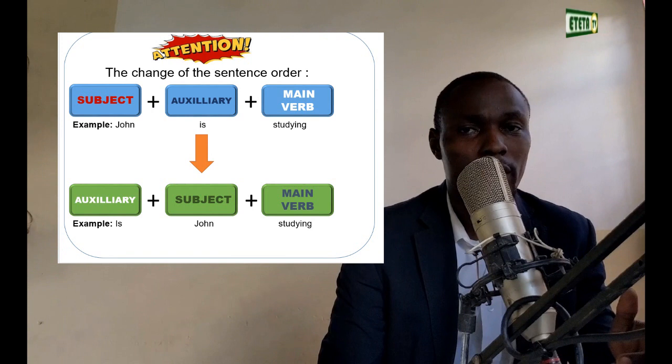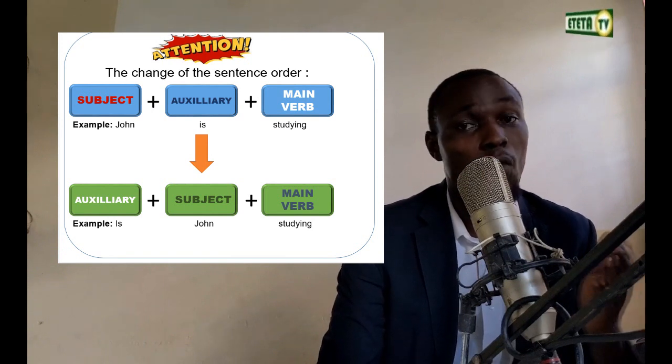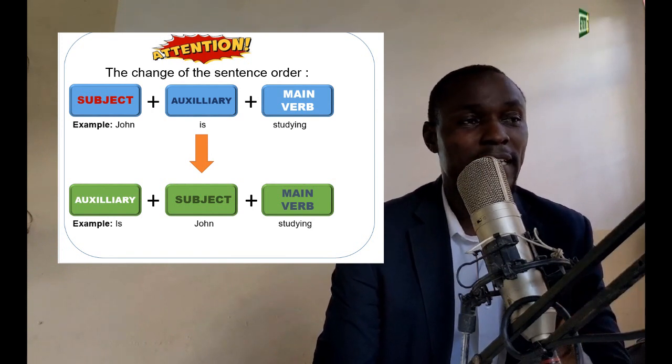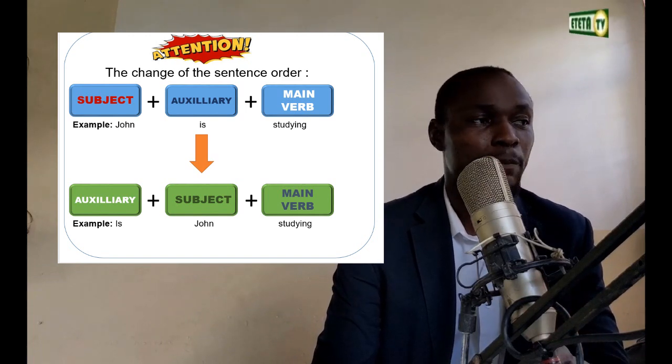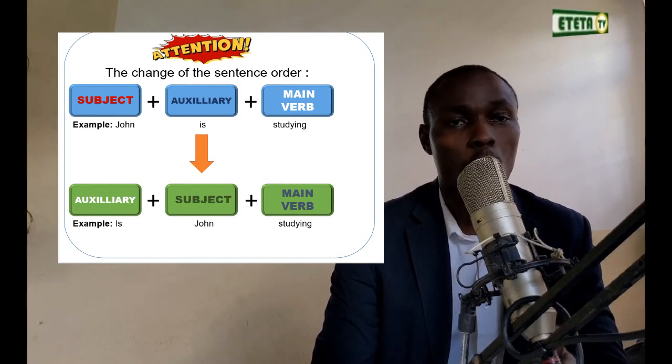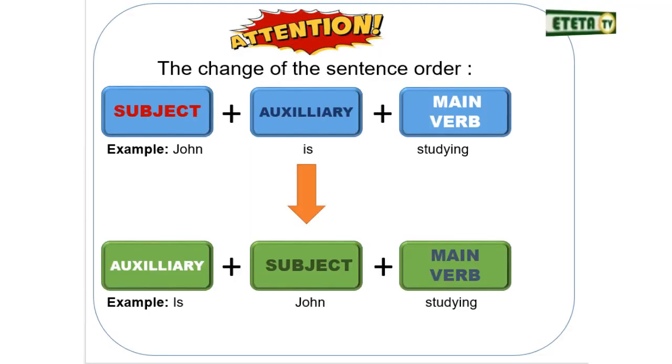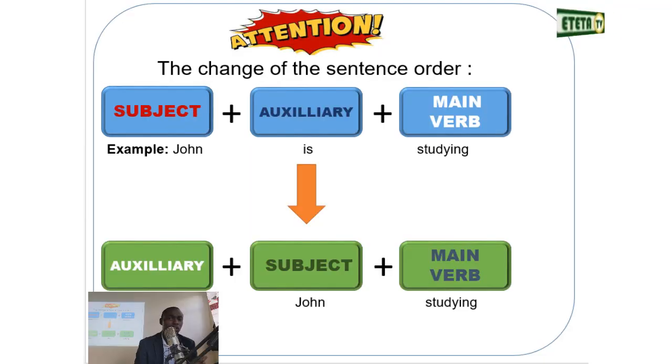In the normal, or traditional, order of a sentence, the verb is in the middle and at the end. That is SVO. You will notice that the traditional sentence begins with the subject plus the auxiliary verb, then the main verb.